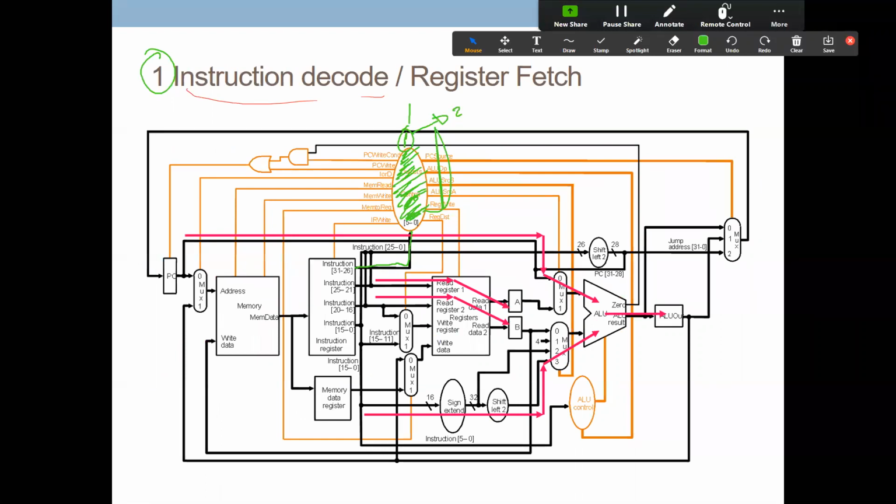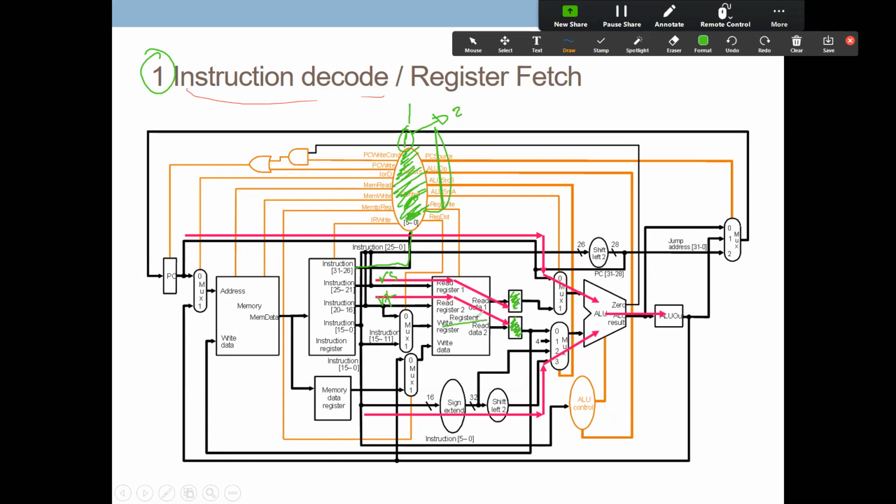Now that's one part, which is instruction decoding. The second part is register fetch: you have the value of RS and the value of RT and you just go ahead and read. So you just read the existing values and store them in register A or register B. So later on when you need them, these values are already stored in registers.